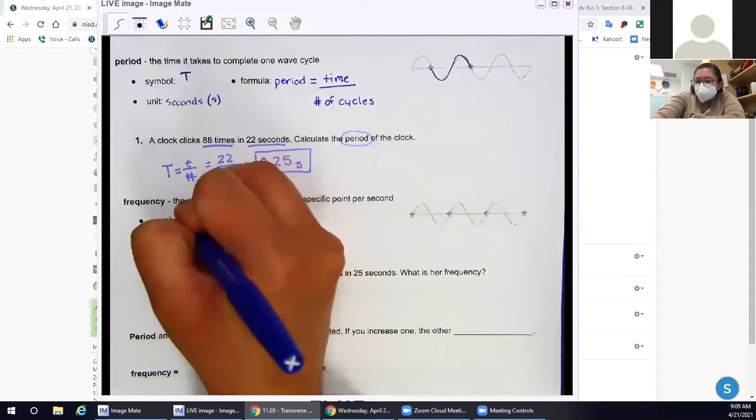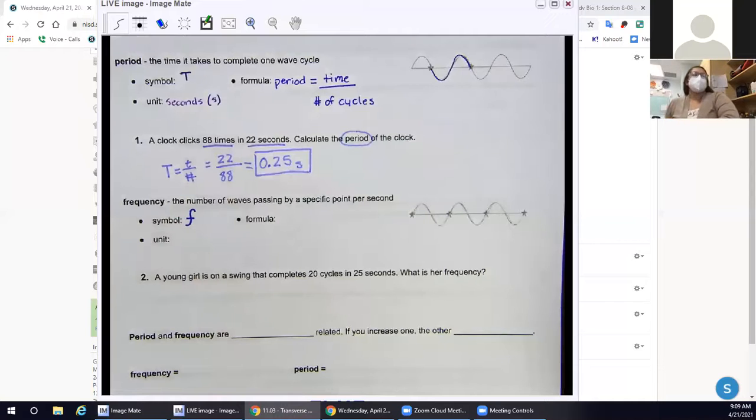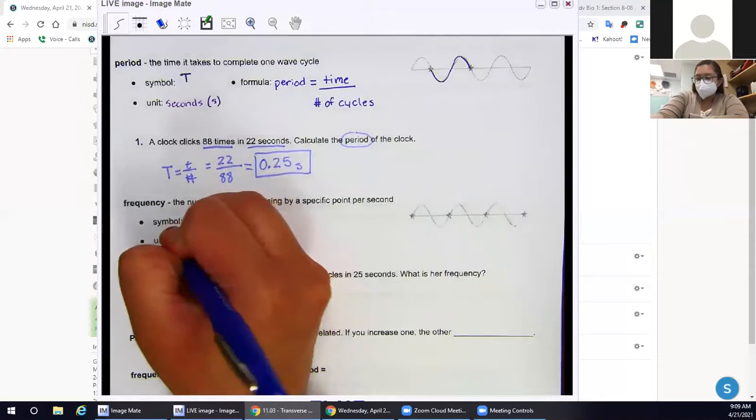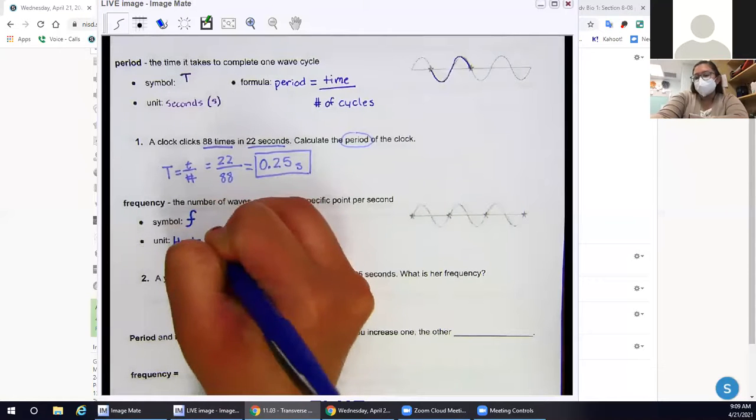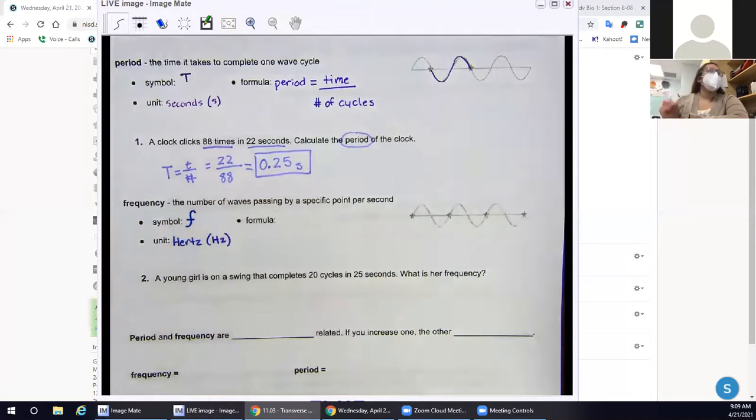So I just draw it like that. It looks like an S with a line through it. And we measure frequency in hertz, or just Hz. They mean the same thing.